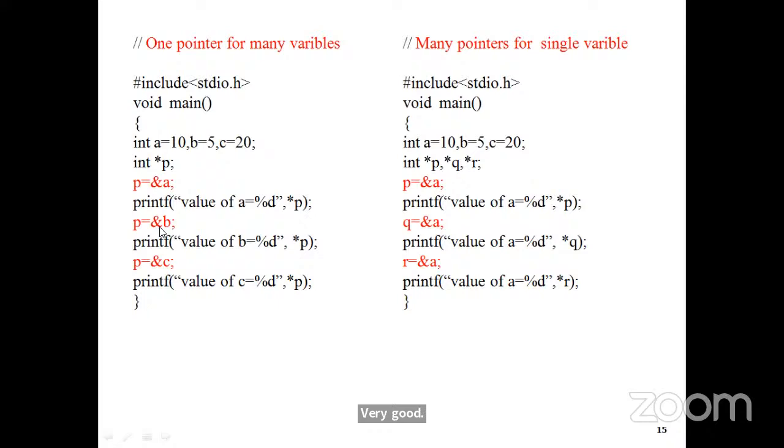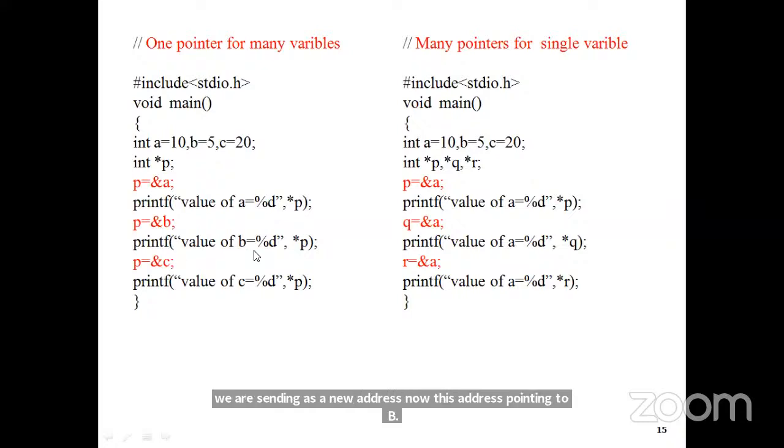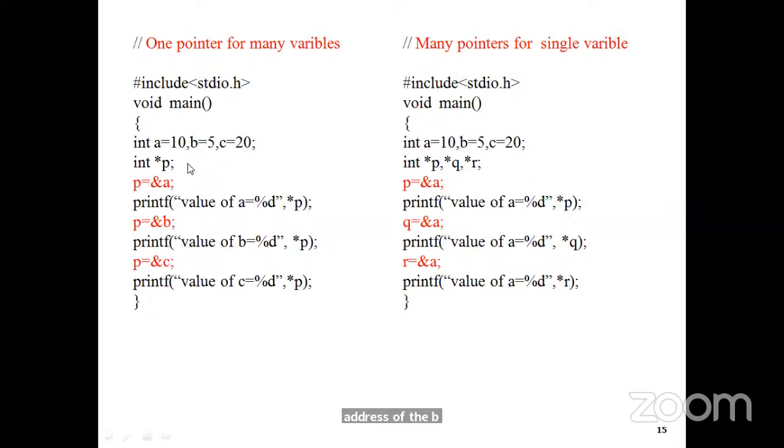Next, p equal to address of B. Now the same pointer is pointing to, now we are assigning a new address. Now this address is pointing to B. What will the output be for the value of B? B equal to 5. Very good.